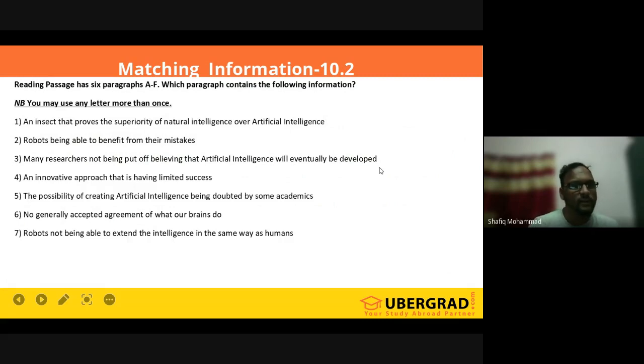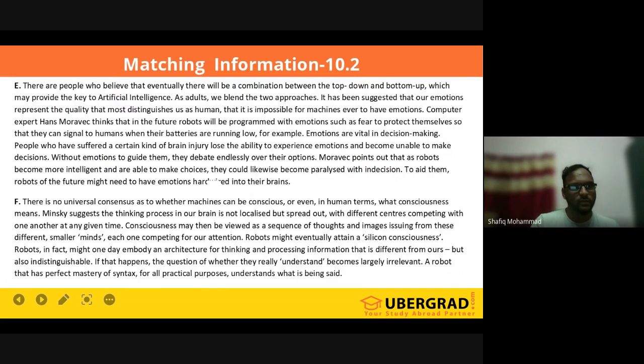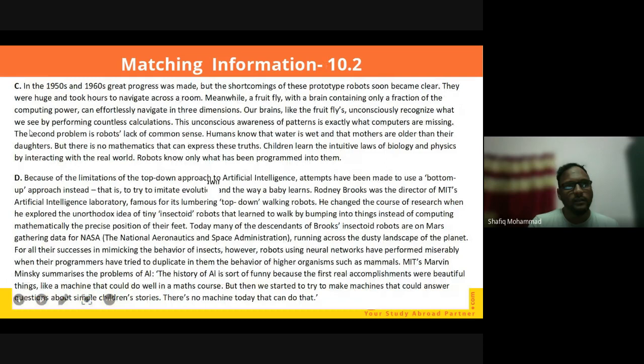Then, okay, what is C talking about? In the 1950s and 1960s, great progress was made, but the shortcomings of these prototype robots soon became clear. They were huge and took hours to navigate across the room. Meanwhile, a fruit fly with a brain containing only a fraction of the computing power can effortlessly navigate in 3 dimensions.